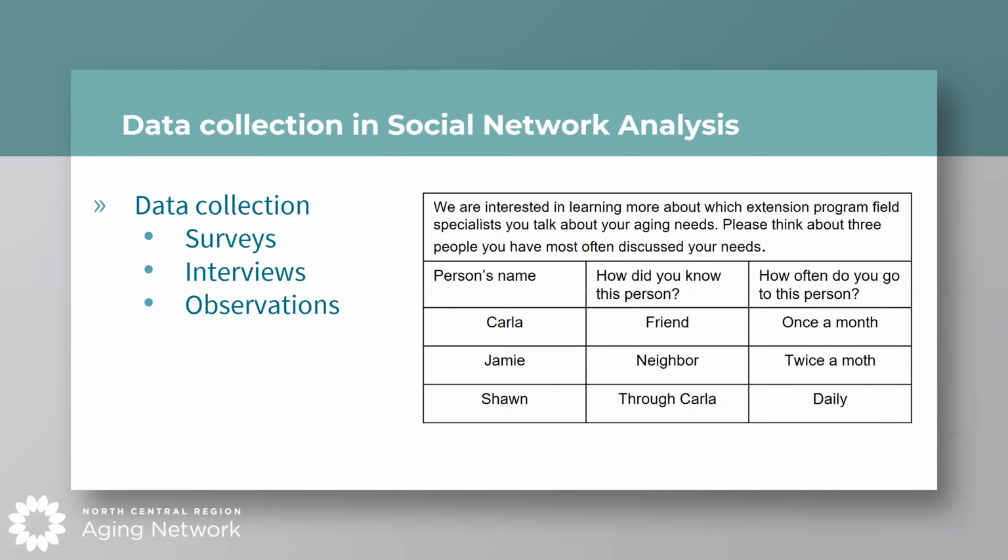As you see in the table on the right side, you can include questions related to their relationship with each other or the strength of the relationships. Researchers sometimes use the observation method by recording other people's behavior at a certain moment, and then they generate the data. The problem is that it requires all the social network members to be present at the time.